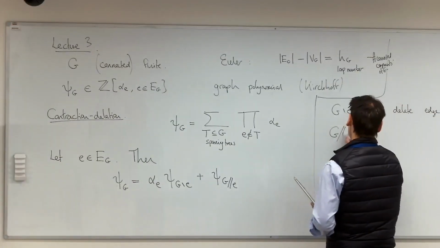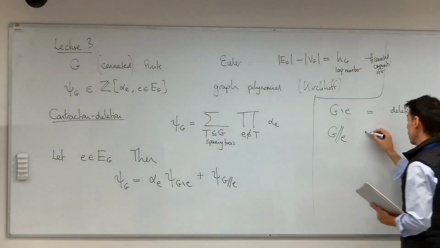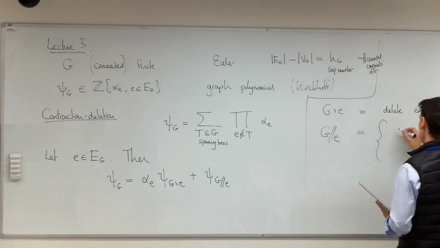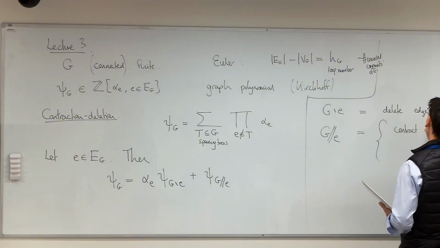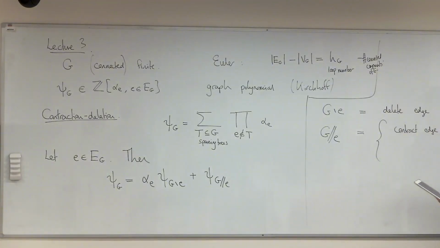Then g double slash e, this is my notation. So it's two possible things. It's contract the edge e if e has distinct endpoints.